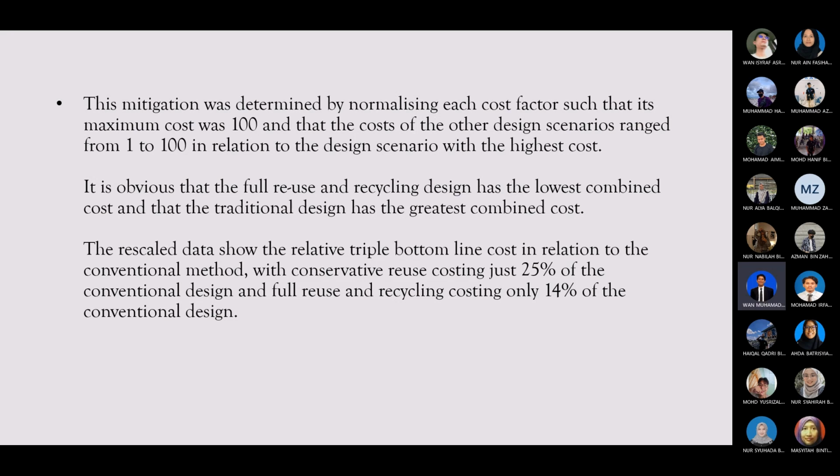The rescaled data show the relative triple bottom line cost in relation to the conventional method, with conservative reuse costing just 25% of the conventional design and full reuse and recycling costing only 14% of the conventional design.